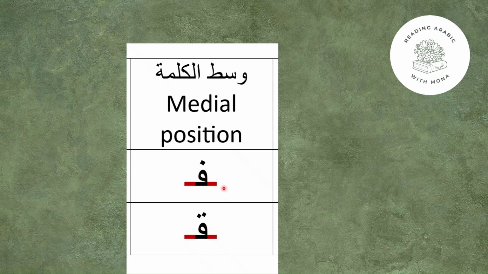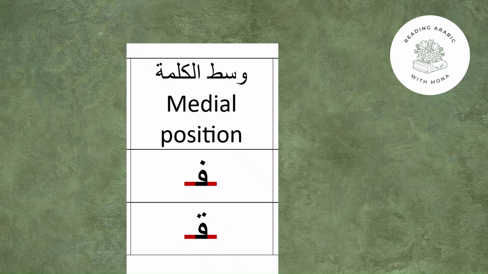And here we extended a line before the letter and after the letter for both letters fa and qaf. As you can see, both letters look like a knot. The only difference that we can distinguish between them is the dot. So here they look like a knot without any stand or short line above or under the loop.